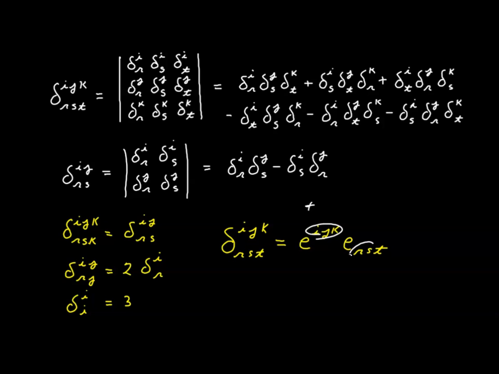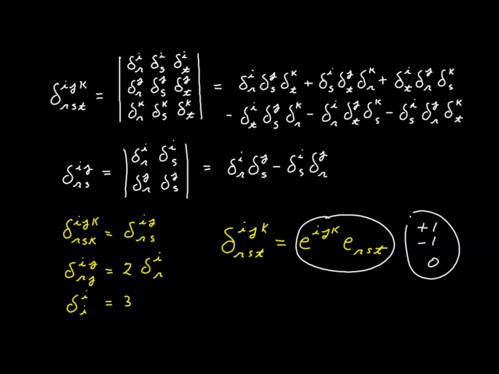So let's say they're both even permutations and they'll both be plus 1. If they're both odd permutations, it'll be plus 1. And if one is even and the other is odd, then the product is going to be negative 1. So this product will be plus 1, negative 1, or 0 under the same conditions that we described a moment ago for the evaluation of this expression.